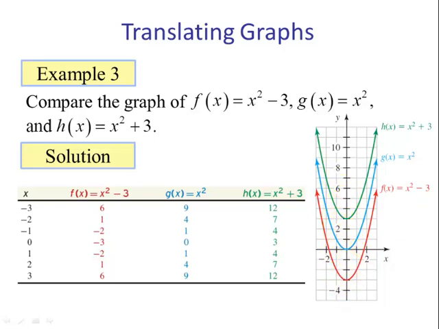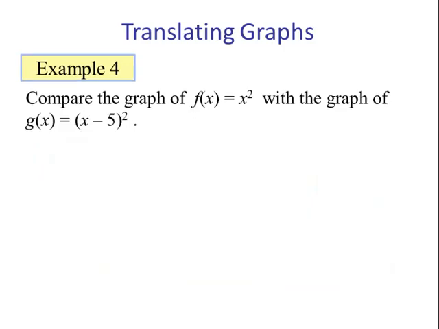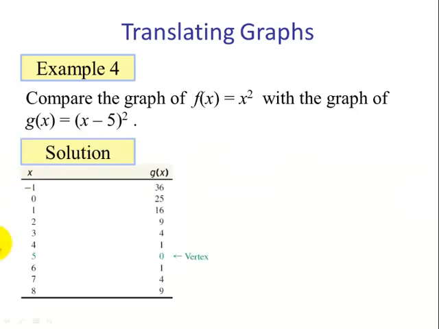Let's do another example. Example 4. Compare the graph of f of x equals x squared with the graph of g of x equals x minus 5 quantity squared. Solution: we pick some values of x, we substitute them in for g of x, and we have our outputs.